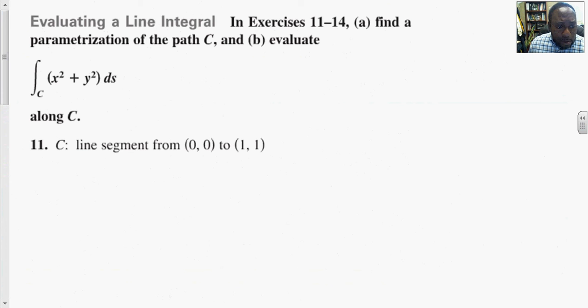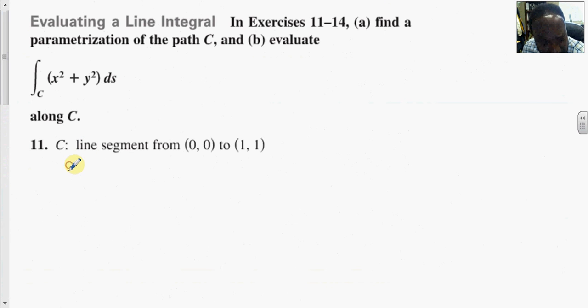Now with this problem, they don't tell us what r is, what the path is. Find a parameterization of the path C, and part B, evaluate. So first we need to represent r of t.